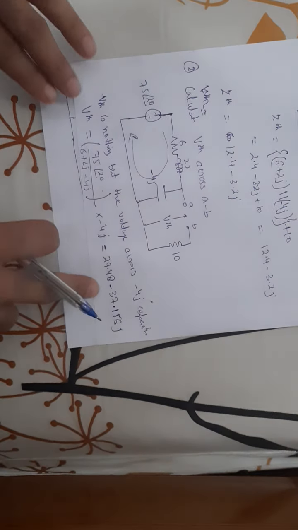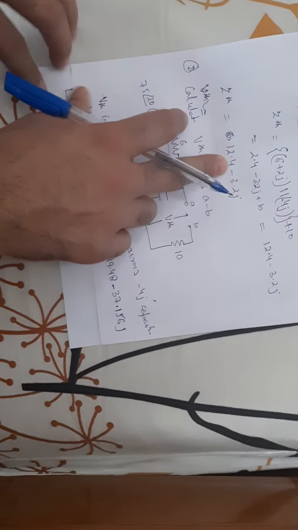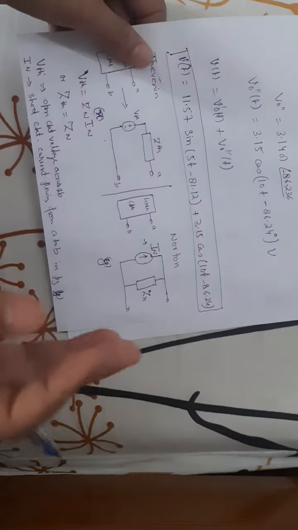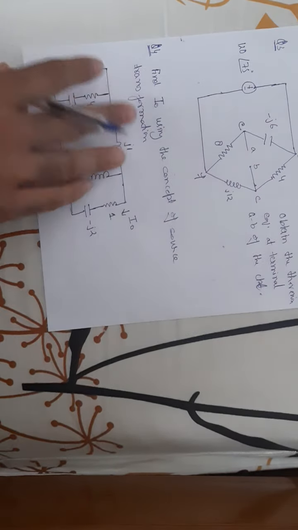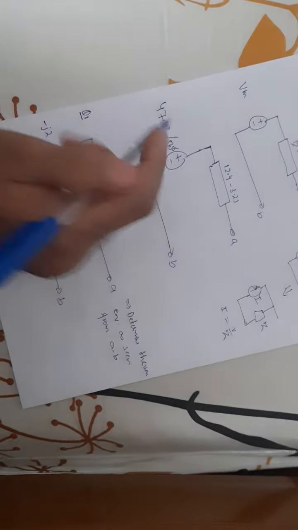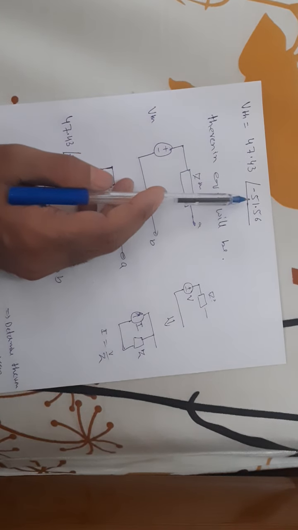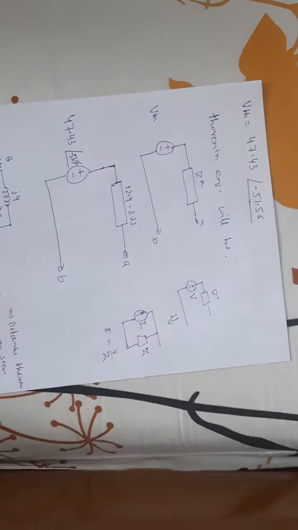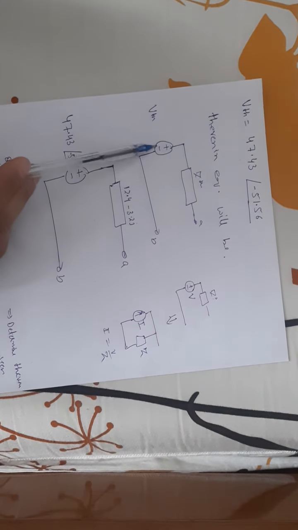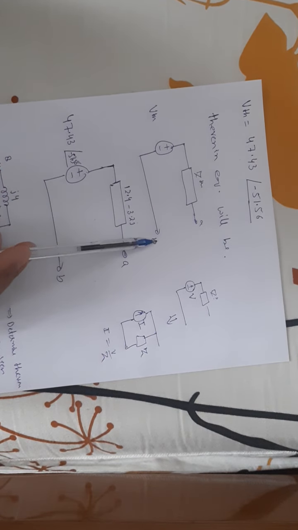Okay, so I have calculated VTH, I have calculated ZTH. Now I will make the Thevenin equivalent circuit. VTH in polar form is 47.43 angle minus 51.56. So the Thevenin equivalent will be VTH in series with ZTH. These are the AB terminals.